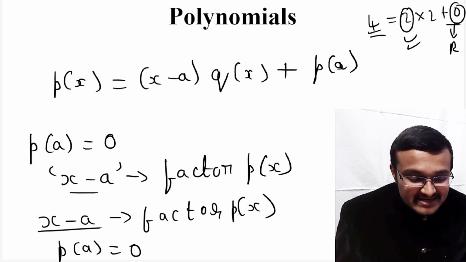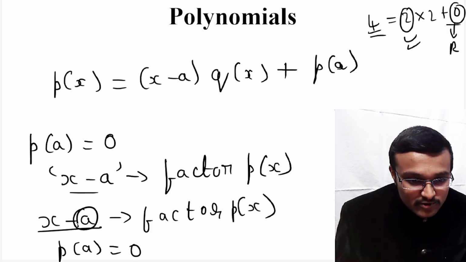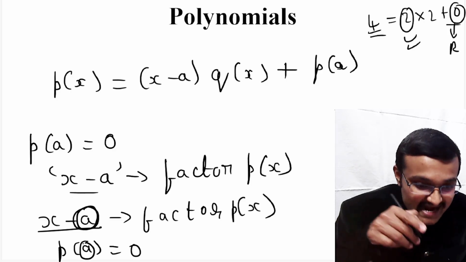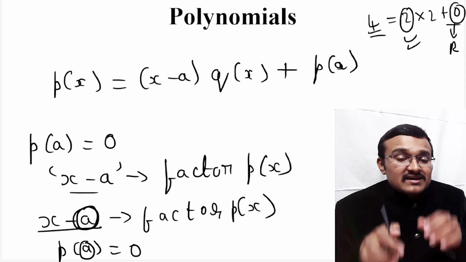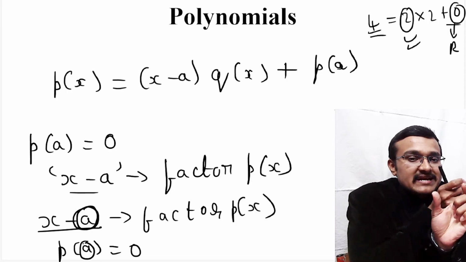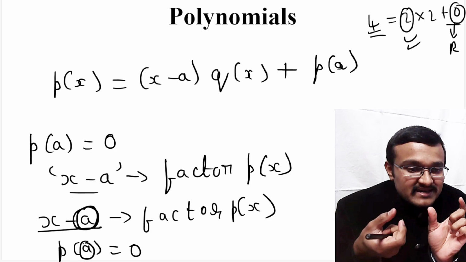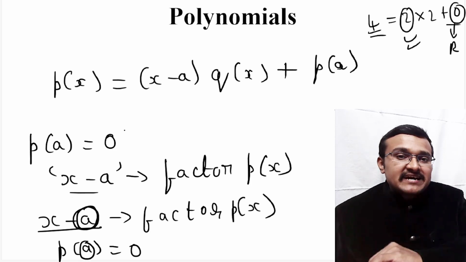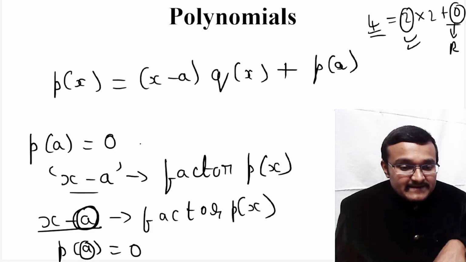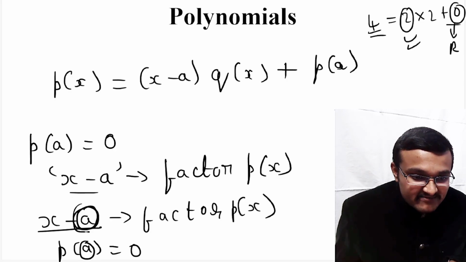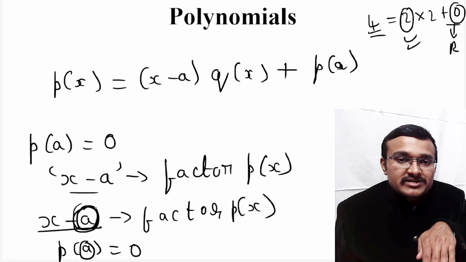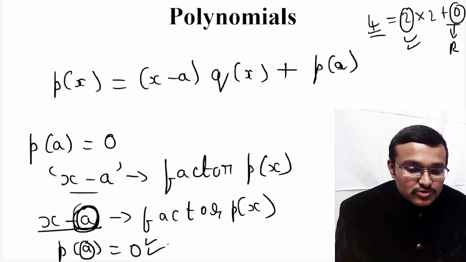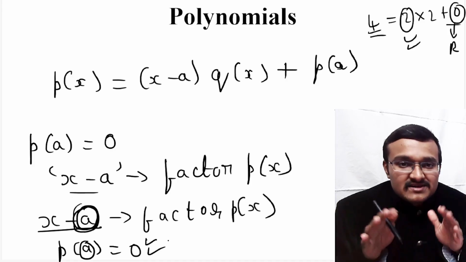So if x minus a is a factor of p of x, then p of a, that means whatever is getting subtracted from this x, if you substitute it in the polynomial, then that polynomial will be equal to 0. So that means the remainder you are getting is 0.